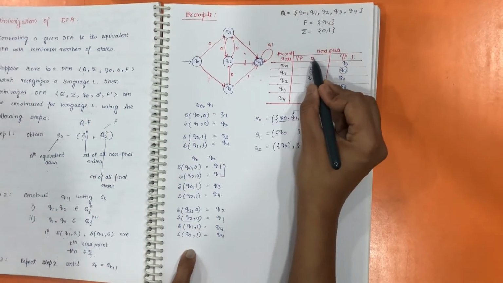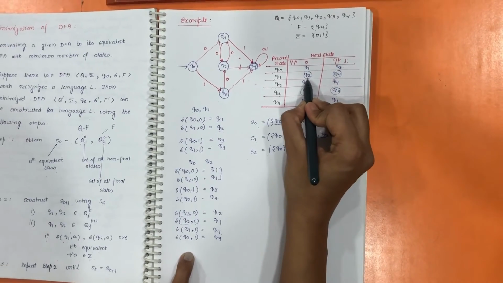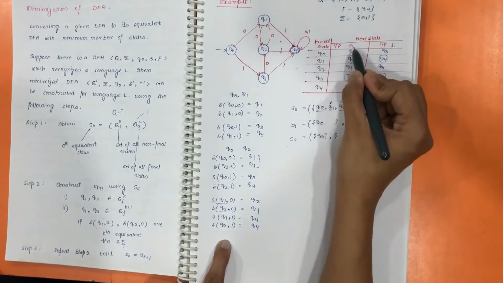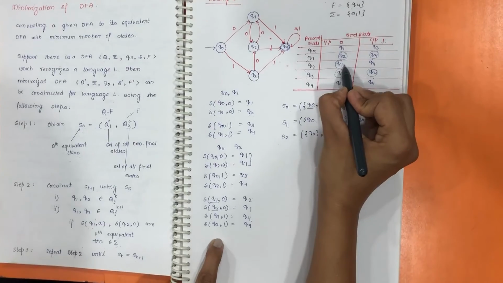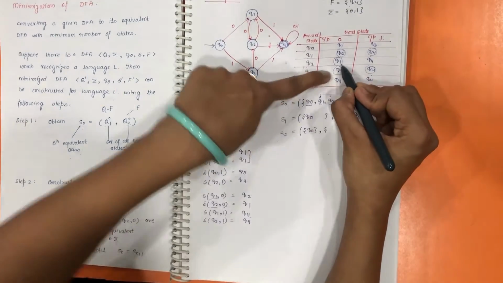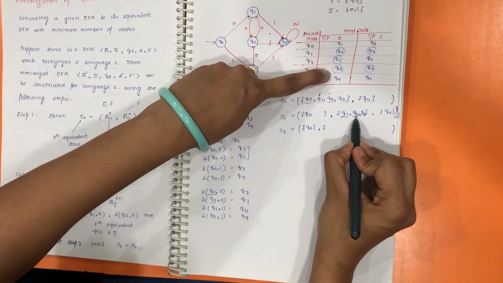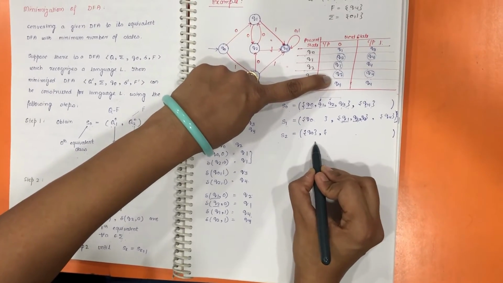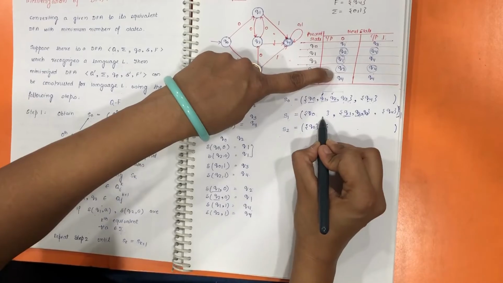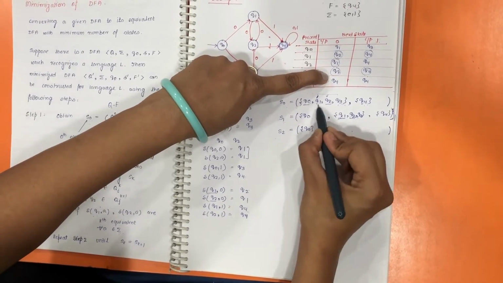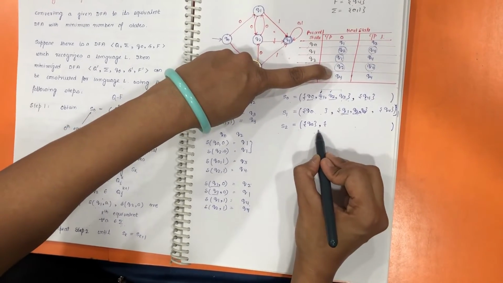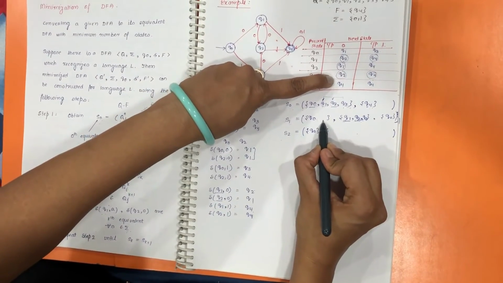At Q1 for input symbol 0, next state is Q2. At Q2 for input symbol 0, next state is Q1. Q2 and Q1 are lying in the same set. Remember, while obtaining S2, we look at the sets given in the previous equivalent class, just the previous equivalent class.